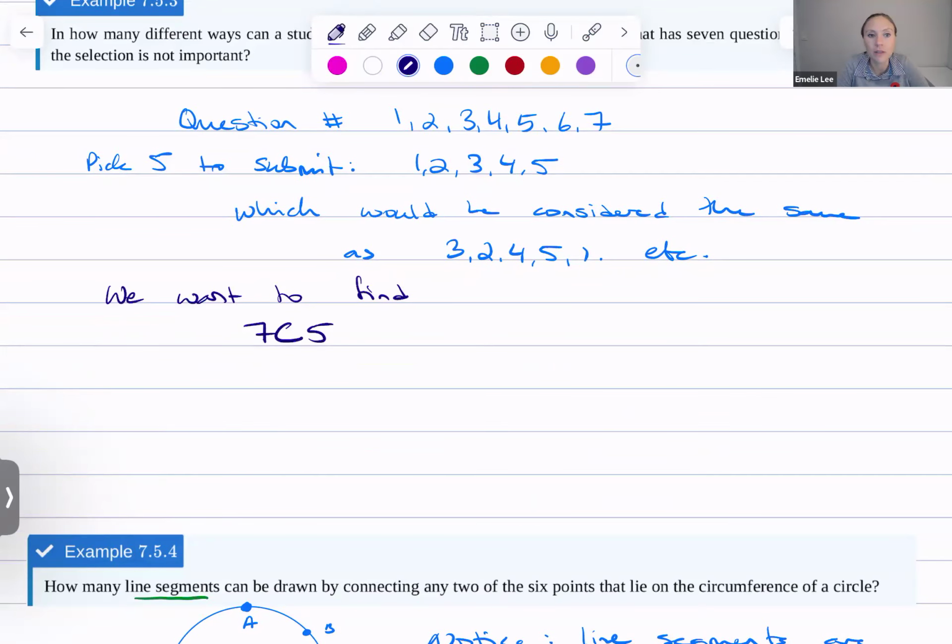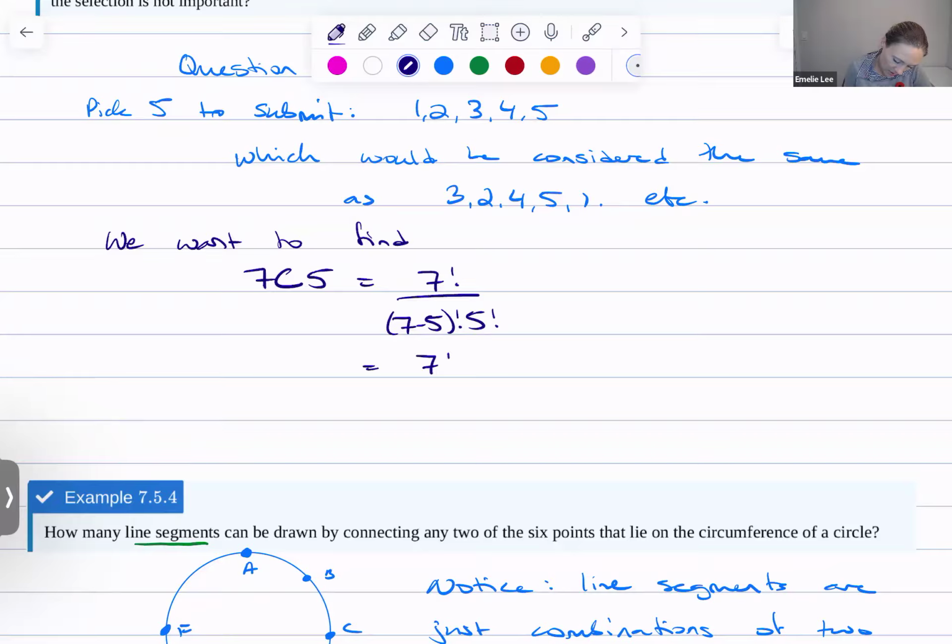Now you can use your calculator, but let's just practice our 7 factorial divided by 7 minus 5 factorial times 5 factorial. 7 minus 5 factorial is 2 factorial, so I'm going to write out 7 factorial. Oops, not factorial. 7 times 6 times 5 factorial divided by 2 factorial, 5 factorial.